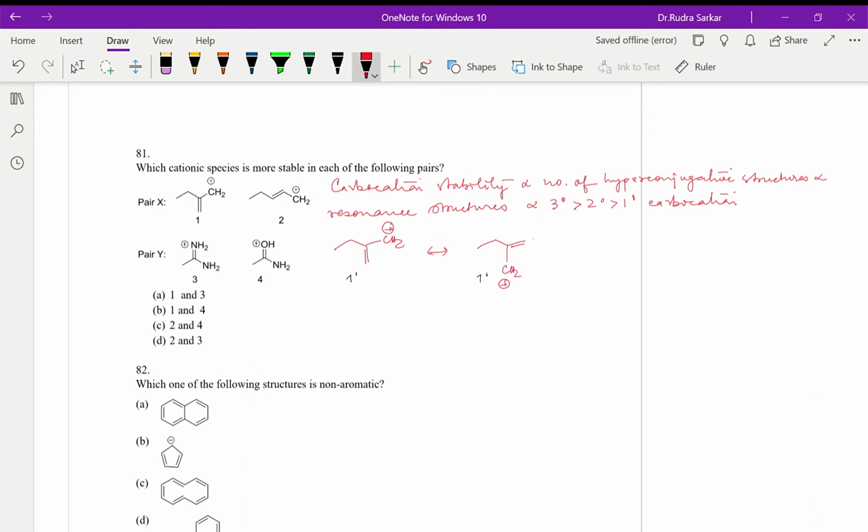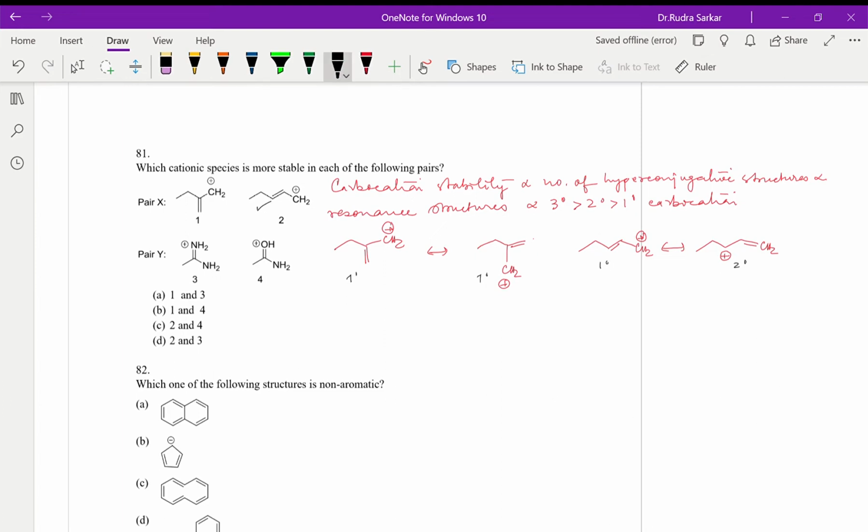What about the other structure? So the first one is 1 degree, the second one is 2 degree. So obviously structure 2 is more stable. That means this one is more stable.